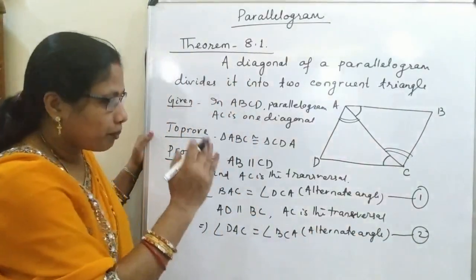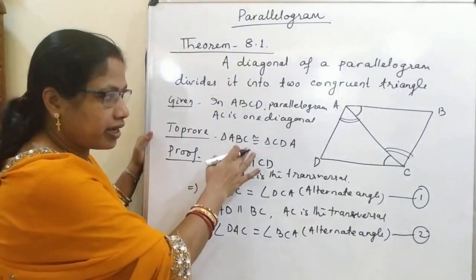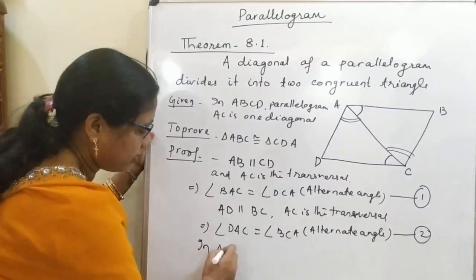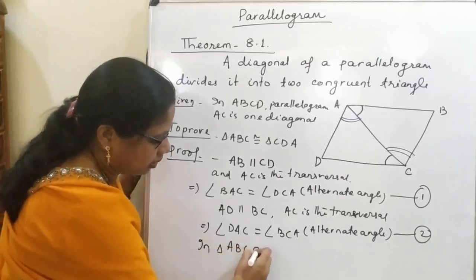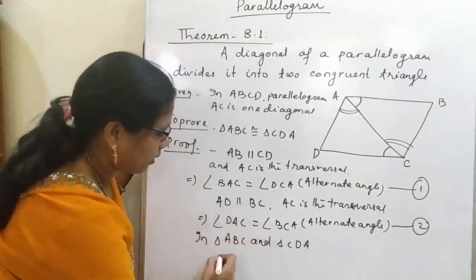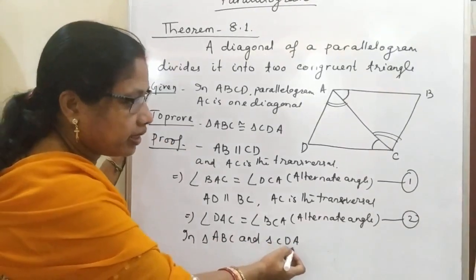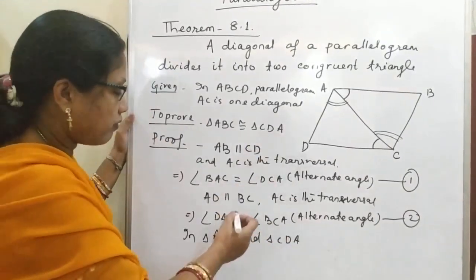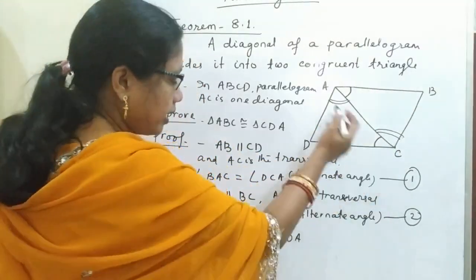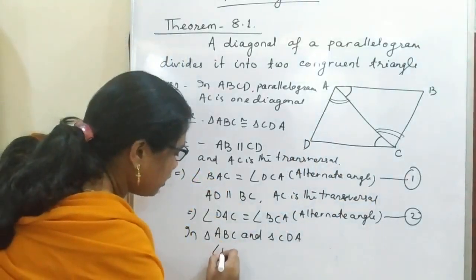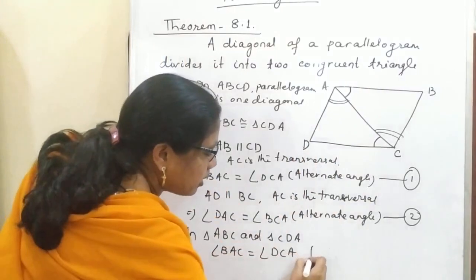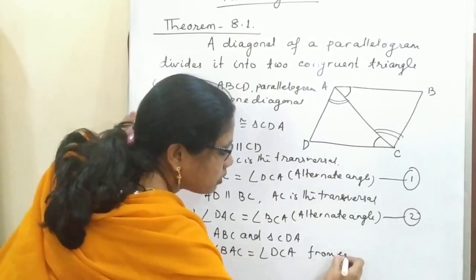So now we compare the two triangles, triangle ABC and triangle CDA. In triangle ABC and triangle CDA, what are the equal parts? First we got angle BAC is equal to angle DCA, from equation 1.